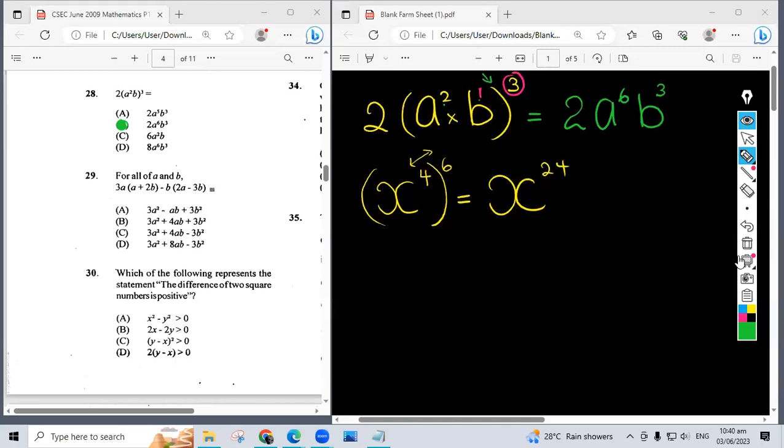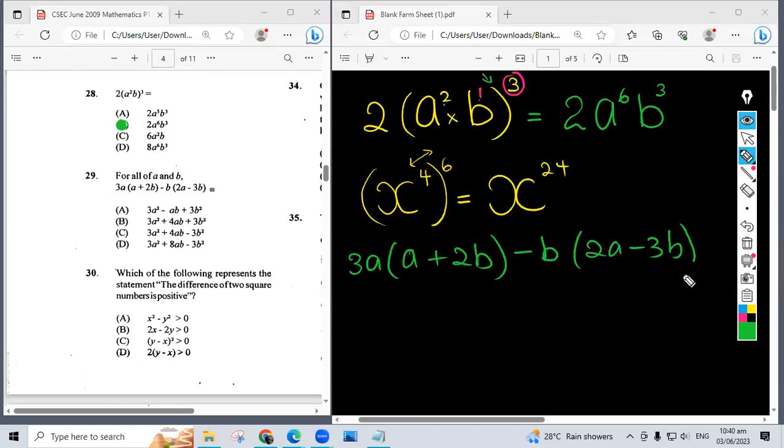I think number 29 is just multiply all the brackets. So let's take our time and multiply the brackets. You have 3A here. A plus 2B minus B, 2A minus B. Right, so the trick over here is just to look out for what? Your minus signs. You're going to get 3A by A is 3A squared. 3A by 2B is 6AB. Minus B by 2A is minus 2AB.